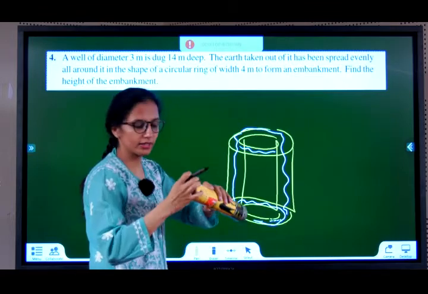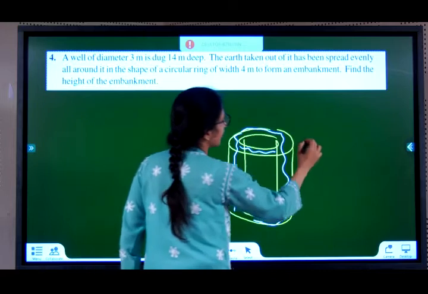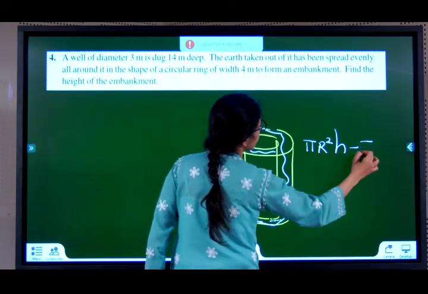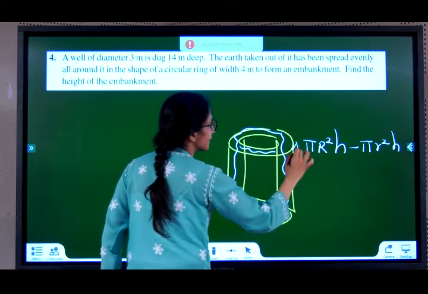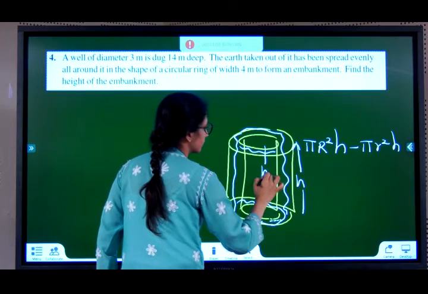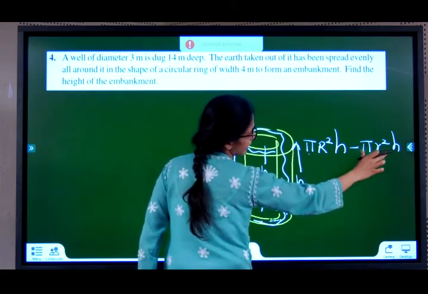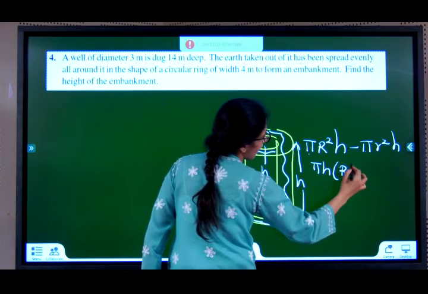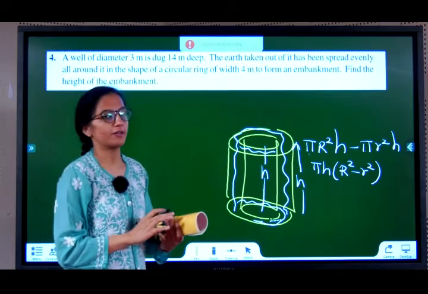Yes, you will get only this material. Agreed? So how do we take this formula? Big radius pi r square h minus small cylinder pi r square h. Both their heights are same. Pi r square h outer cylinder minus inner cylinder pi r square h, or pi h common, R square minus r square. I hope you understood how this formula came.